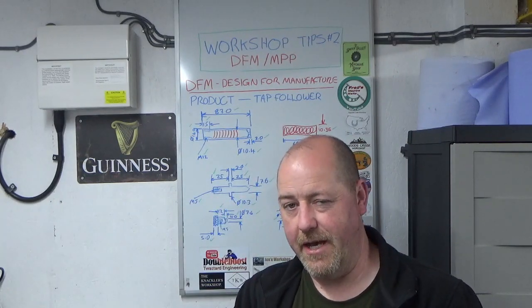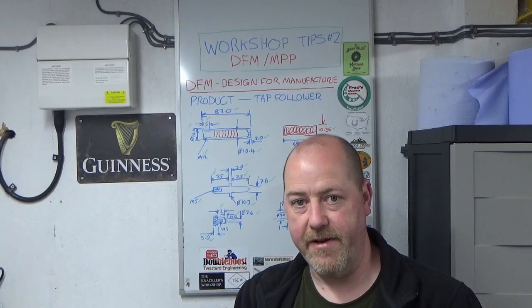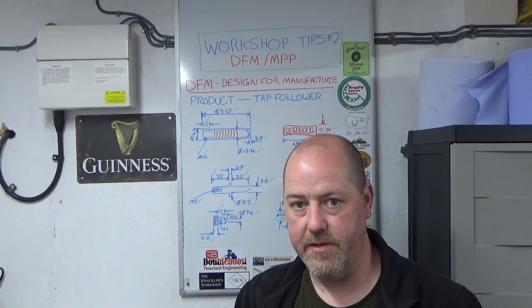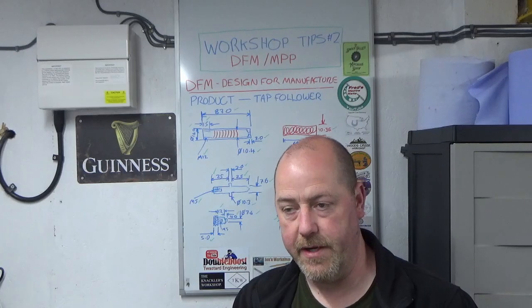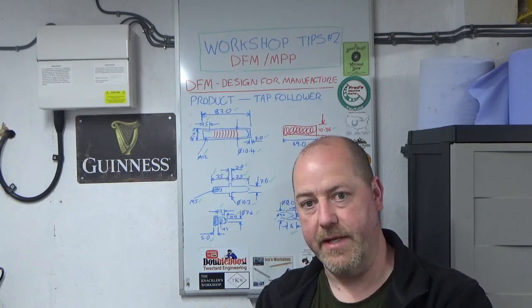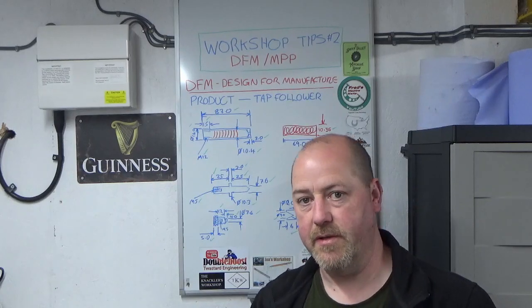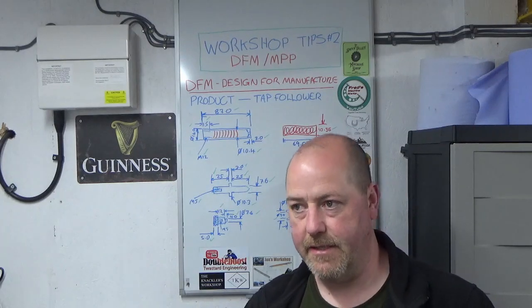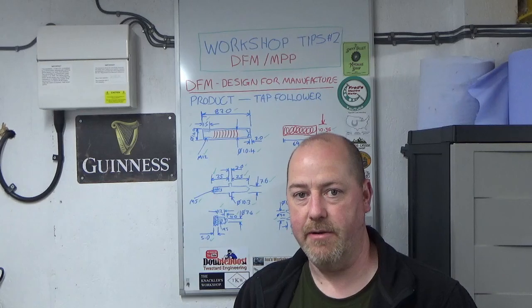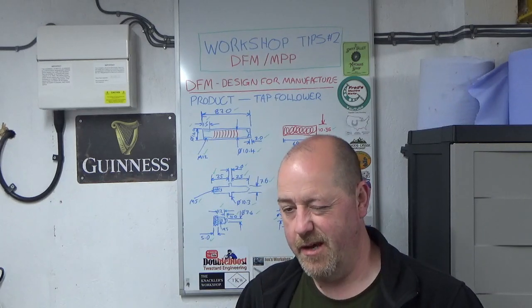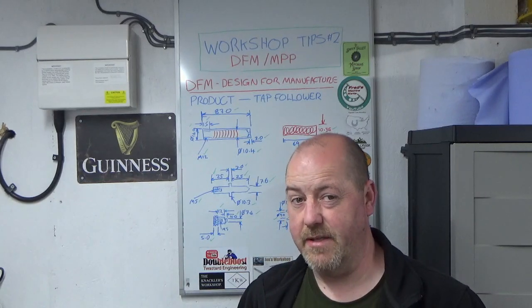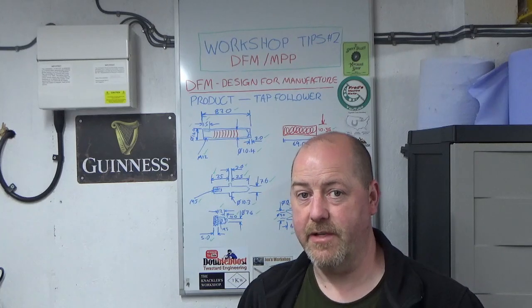What you typically get is DFM sessions, or DFX sessions they're sometimes called, or design make sessions, where the two teams will come together and discuss the design, discuss the manufacturing methods, and start to share ideas. That typically is how it's done in industry, but in more recent times, what you tend to find is that doesn't happen that often.